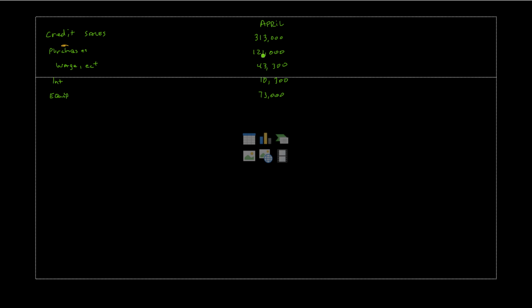Now, they're missing a piece of the pie here, are they not? Because we know when we pay the credit purchases, but what about the cash disbursements? Do we pay all those in the month of the sale, or in the month following? We need to make an assumption here.